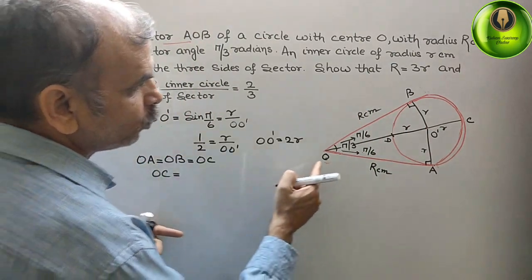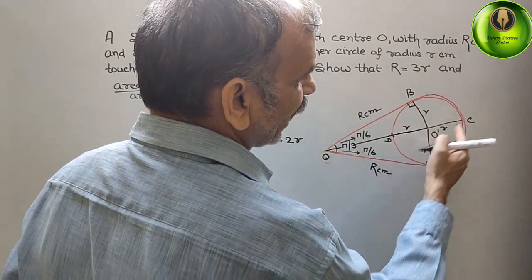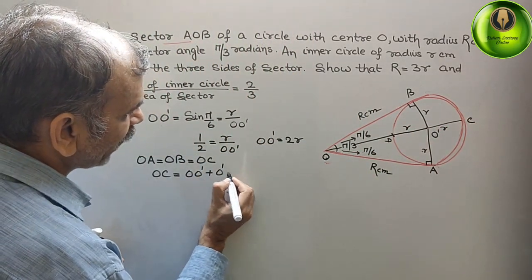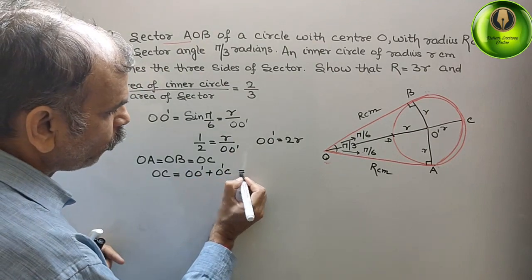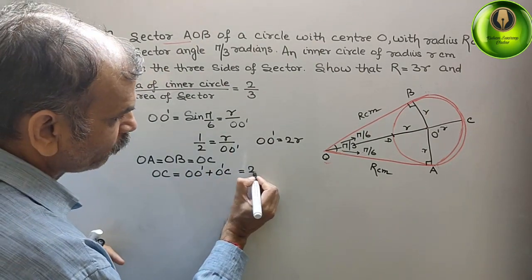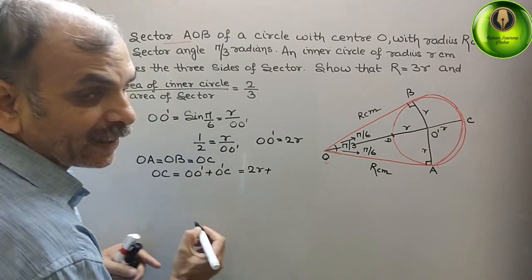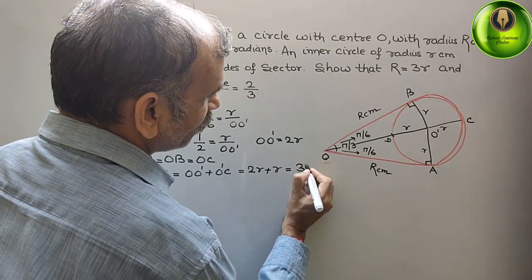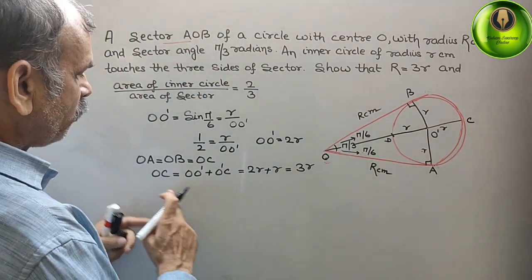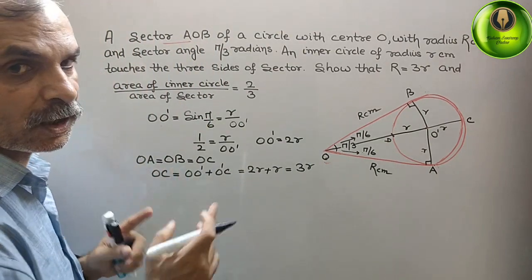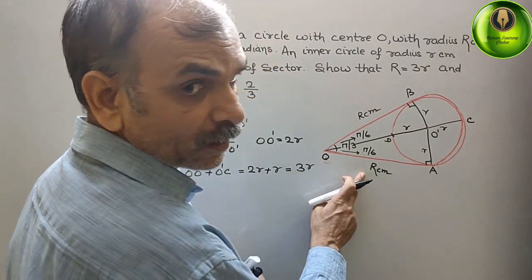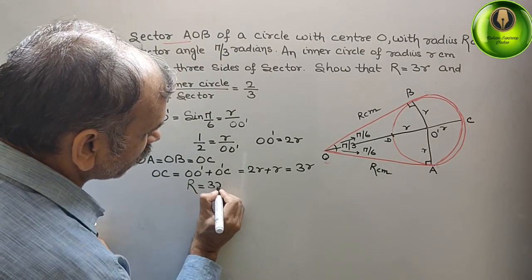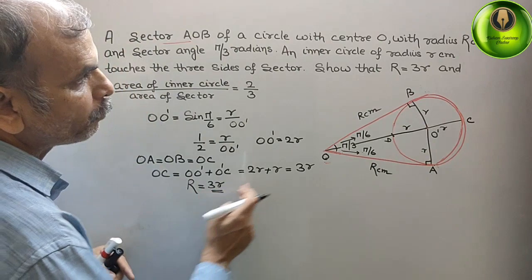OC is equal to OO dash plus O dash C. OO dash is 2r, plus O dash C is your r. So we will get 3r. So now this OC is capital R. So now we can say capital R is equal to 3r. We have proved the first one.